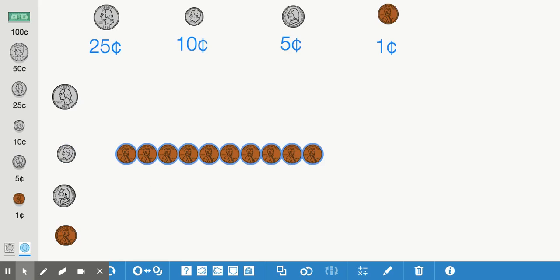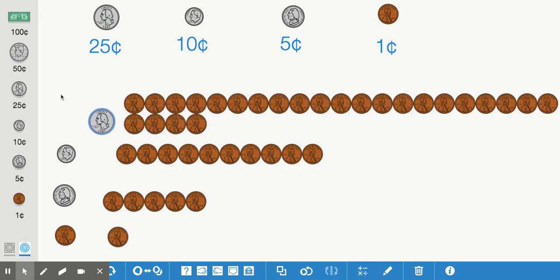The nickel, that's worth 5 cents, but it's also worth 5 pennies. The penny is worth 1 cent, which is just the 1 penny. And finally, we have the quarter, and the quarter is worth 25 pennies.